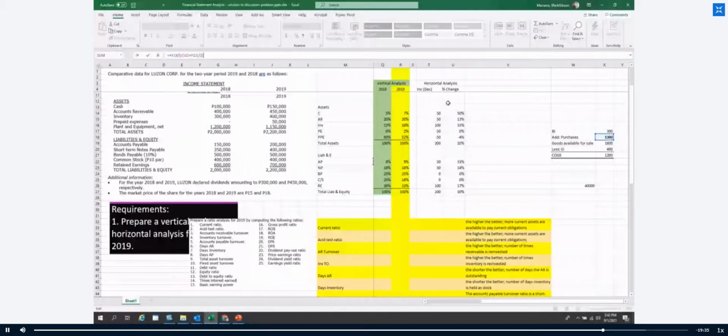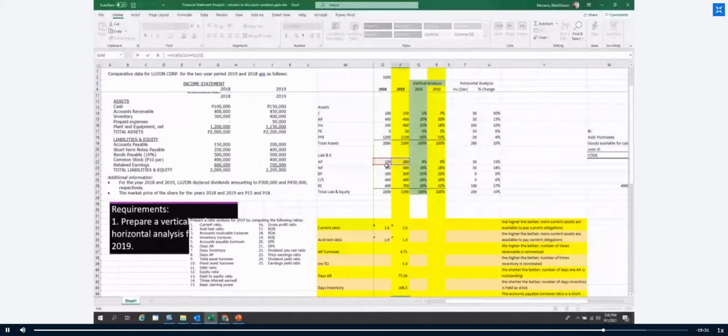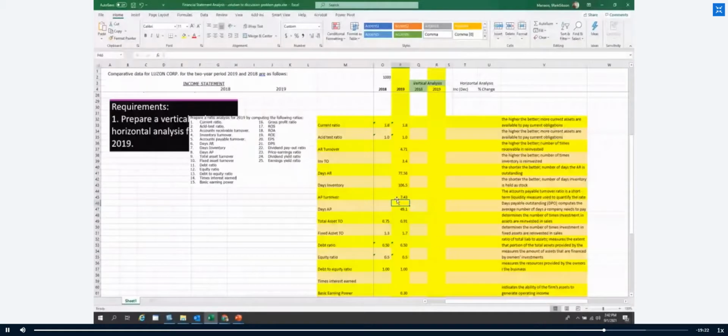So that's beginning AP of 150 plus ending AP of 200, divided by 2 to get the average. Again, the accounts payable turnover ratio is a short-term liquidity measure used to quantify the rate. So for AP turnover, this is how fast you settle your accounts payable.